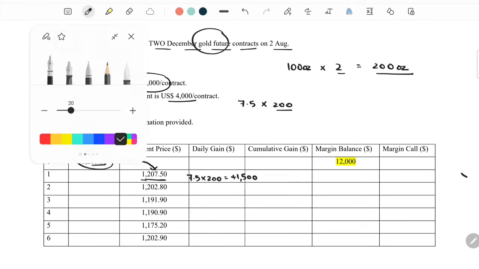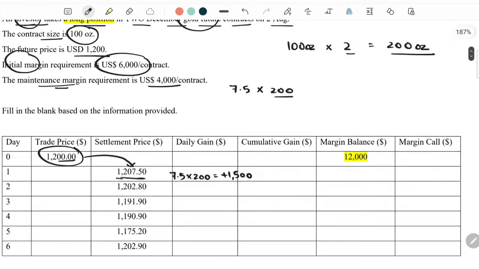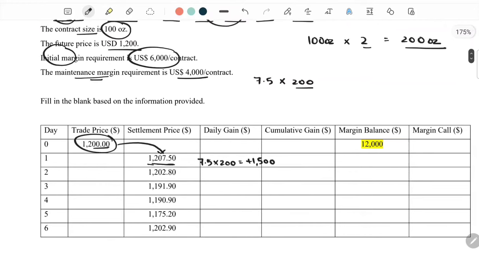Then the price decreased from 1,207.5 to 1,202.8, so it lost about 4.7. When you multiply by 200, this is a loss of negative 940.